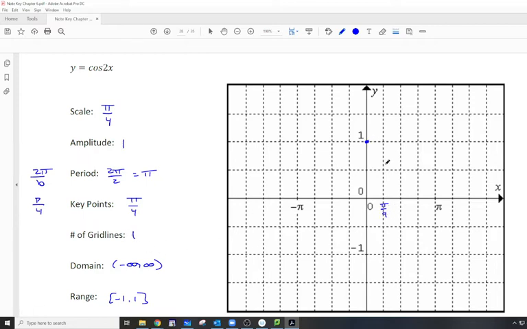So my next key point is going to happen here at pi by 4, 0, and then at pi by 2, negative 1, 3 pi by 4, it's going to be 0, and at pi, it's back to 1. So then every grid line, I'm doing a key point, meaning I'm going from 1 to 0 to negative 1, back to 0 to 1. So now I can connect these dots.